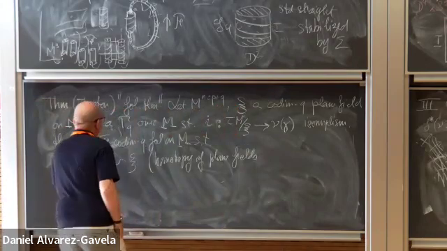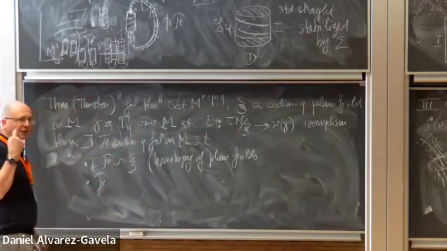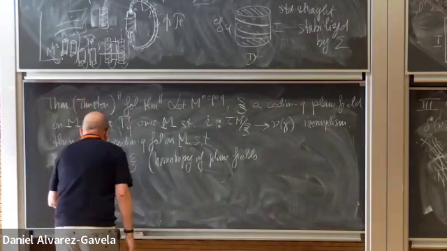And the foliation regarded as a Haefliger structure is concordant to gamma.